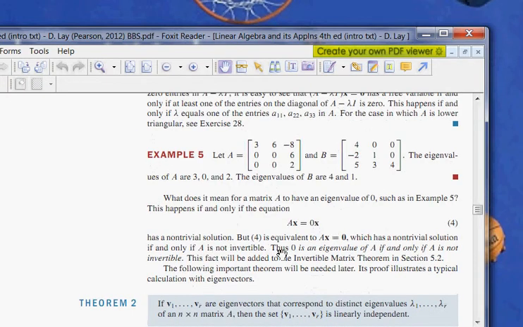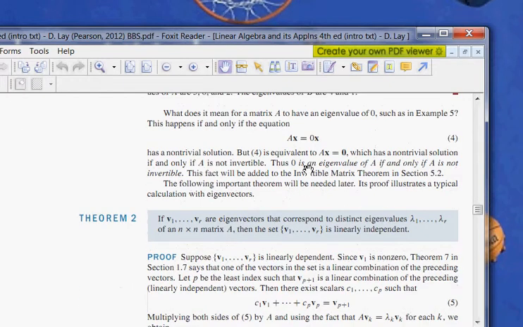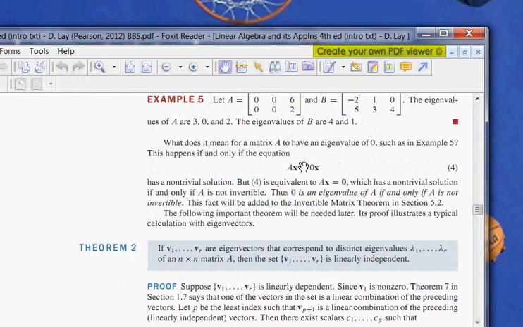Sorry. And then, okay, so what happens when we want to evaluate an eigenvalue of 0, right? So look, Ax equals lambda x, well, lambda is 0. Ax equals 0, which has a non-trivial solution if and only if A is not invertible.